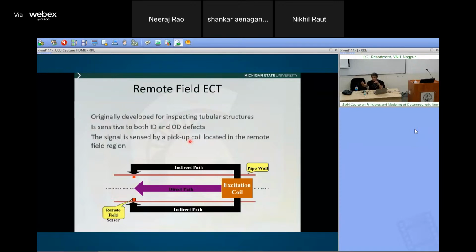Whereas if I put my pickup sensor far away, I'm looking at flux that goes around the tube wall, goes to the OD of the tube wall and comes back. So if there is a defect in the OD, I would get more information about that if I put the pickup sensor far away.